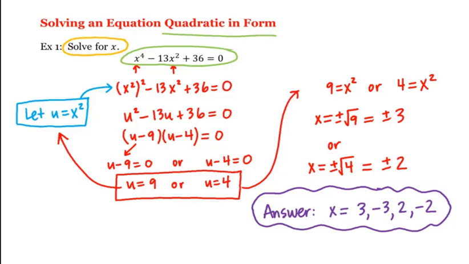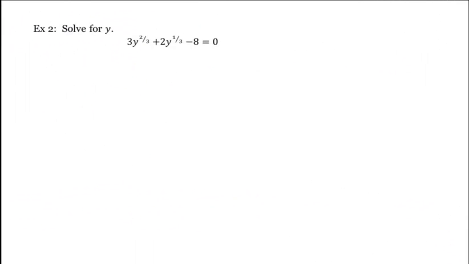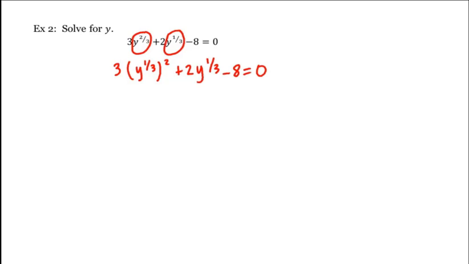All right, let's look at another example. Let's solve this equation for y. Again, this is the square of this. That is, this equation is really 3 times y to the 1/3 quantity squared plus 2y to the 1/3 minus 8 is equal to 0.